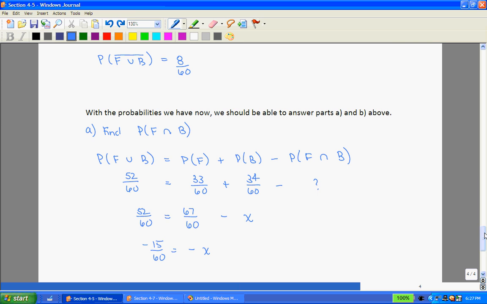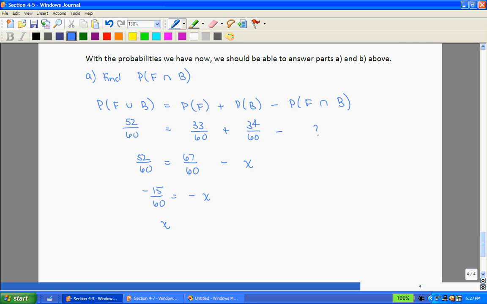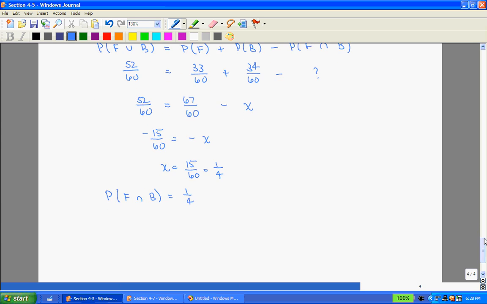Since both of them are negative, we can just say X is equal to 15 over 60, or 1/4. So the probability of F intersect B is 1/4. So we have to go back a ways and use some other formulas that we knew in order to figure that out. Now let's take a look at part B.